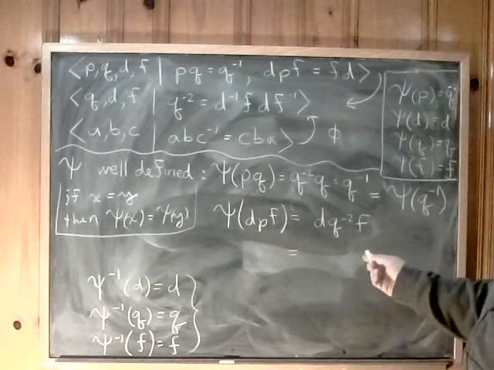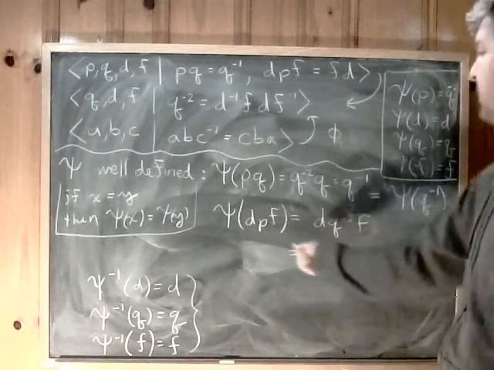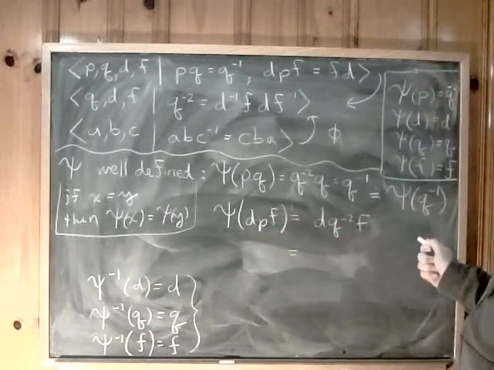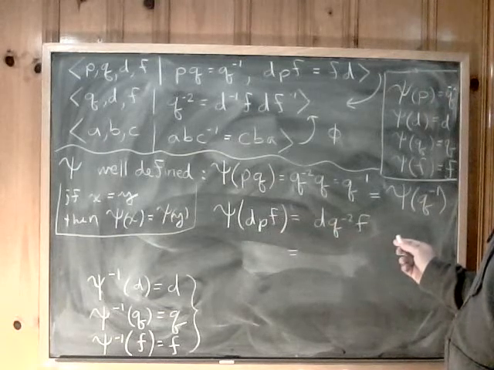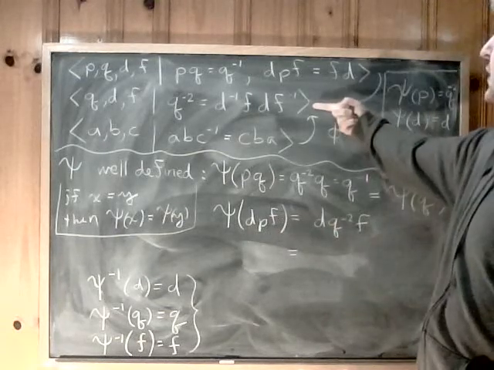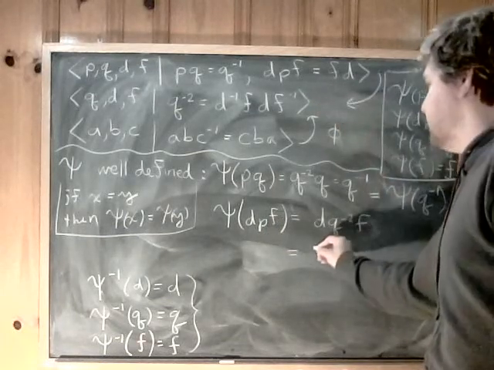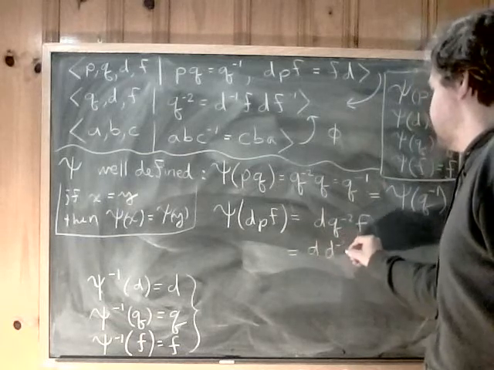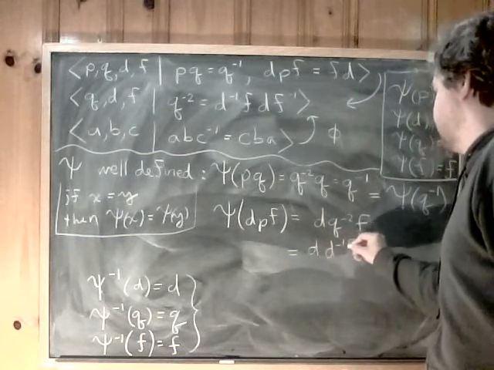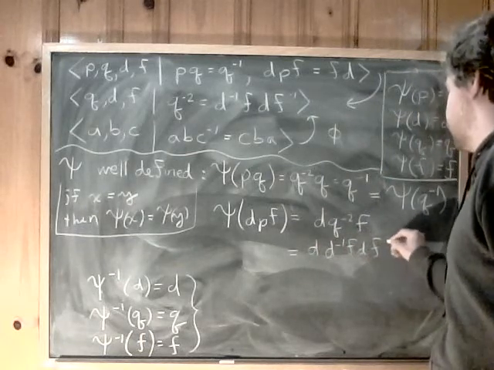Then we check the second relation, C of dpf. So that is going to come out to be d q negative 2 f by applying it separately to d, p, and f. And then now I'm in the second group here, and q to the negative 2 is equal to d inverse f d f inverse.